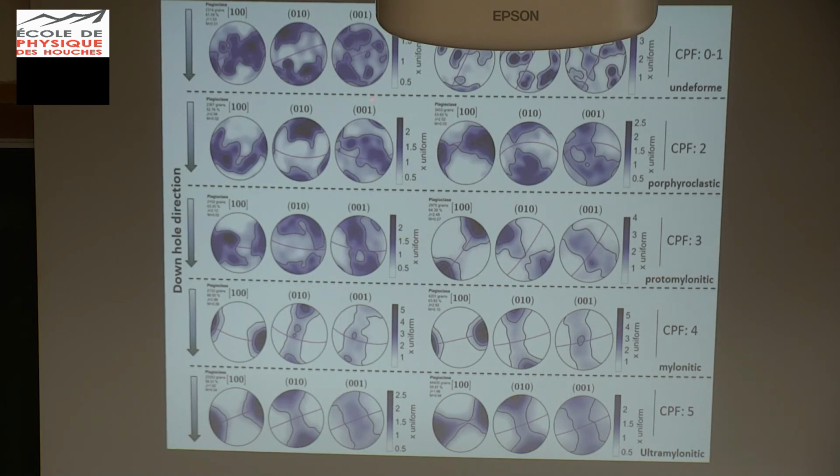And each time we have the 010 plane forming the foliation plane. You have the trace of the plane, remember. And so we see that we have mostly planar structures for the less deformed gabbros. But when deformation increases in gabbros, then we tend to develop a lineation here in the 100 axis.